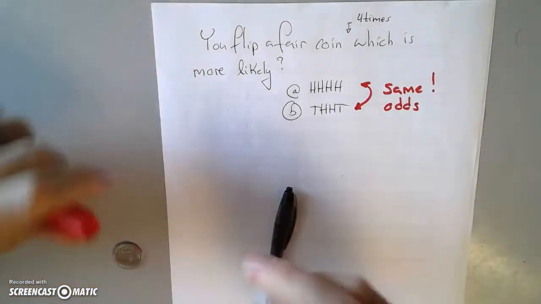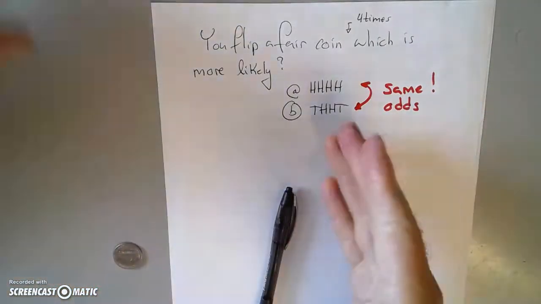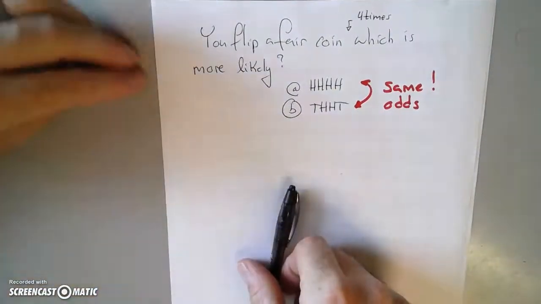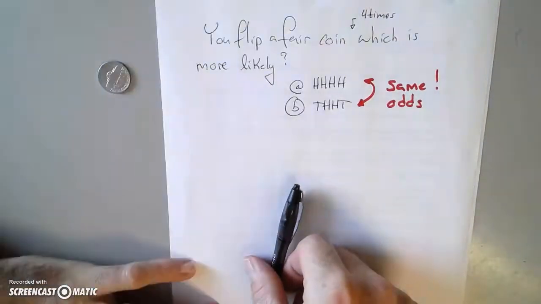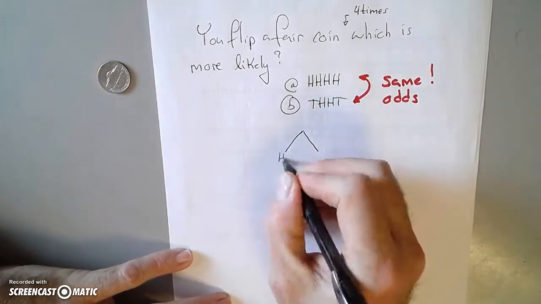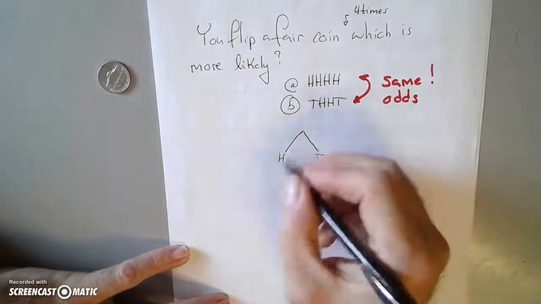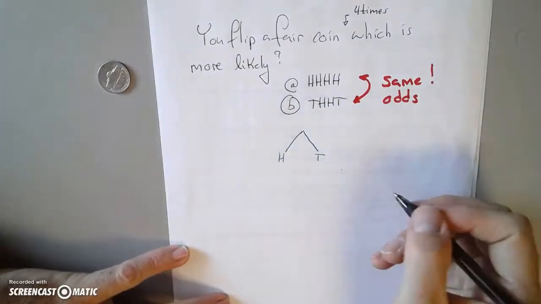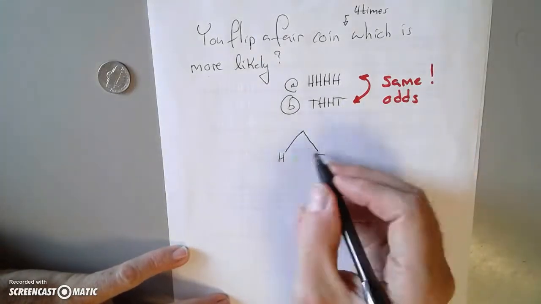Now, why is that? Well, first we should figure out how many different things can happen if you're flipping a coin 4 times. And we can use a tree diagram to help us look at this. After the first flip, you have heads or tails, and there's a 50% chance of either.